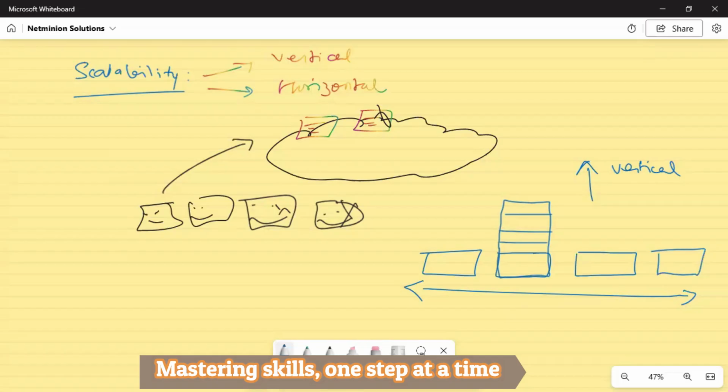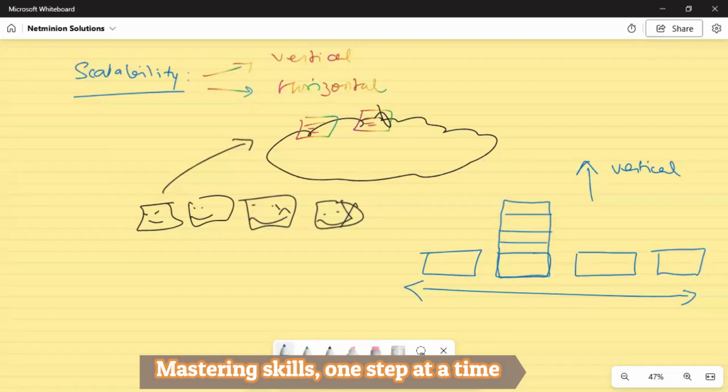Let us say there is some application which requires a reboot after increasing or scaling up the resources, and this is a custom application. Then for sure you need downtime. So what I mean to say is, it is not only about the underlying hardware, it also depends upon what you are running on top of that.